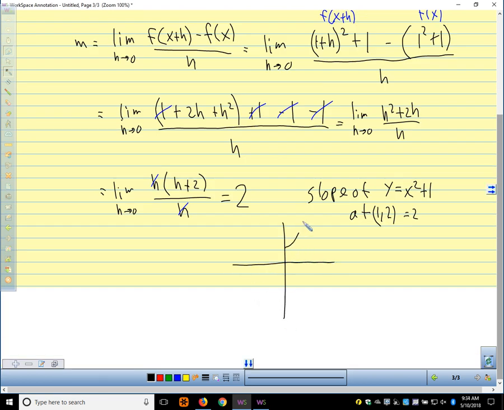So my graph would look something like this. And at 1, 2, we're at this point approximately right here. And we're saying the slope of that line is 2. All right, questions?